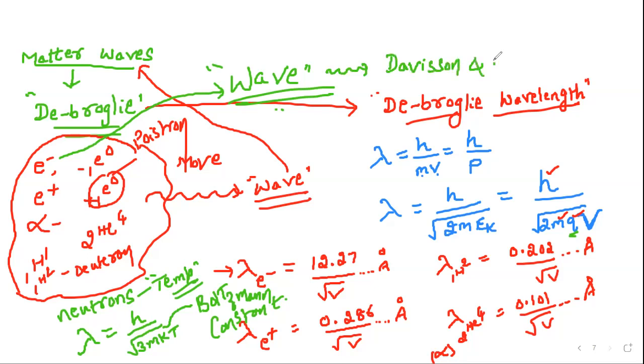So Davisson and Germer proved experimentally the wave nature of the electrons.